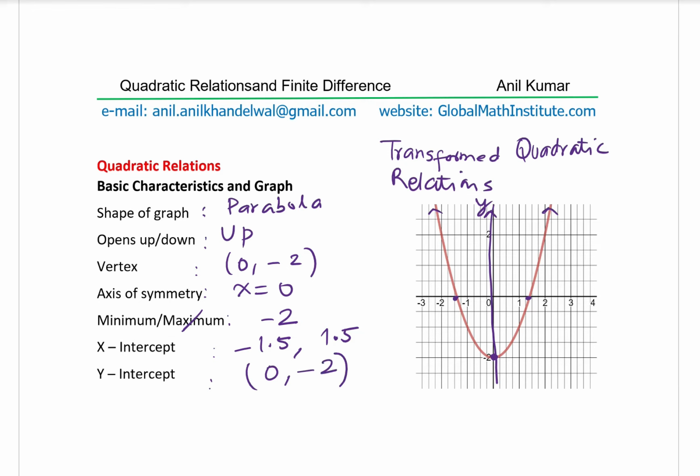Now there are more characteristics of the quadratic function. One of the most important things which we'll always consider is the domain. Domain is possible x values. That is the independent variable, right?